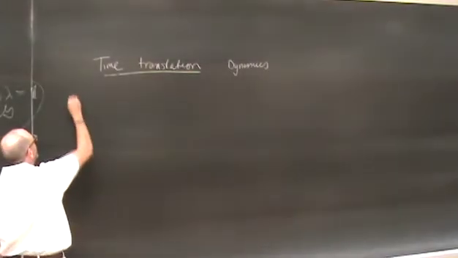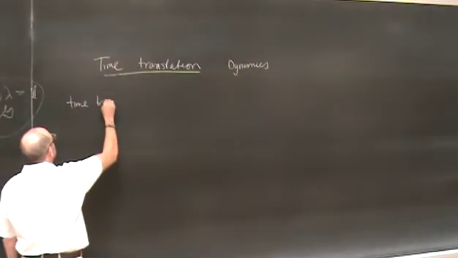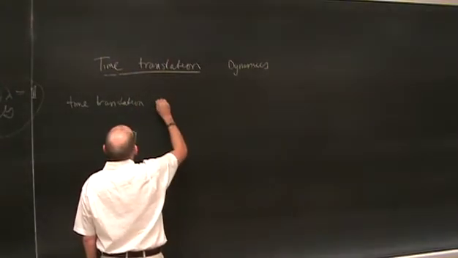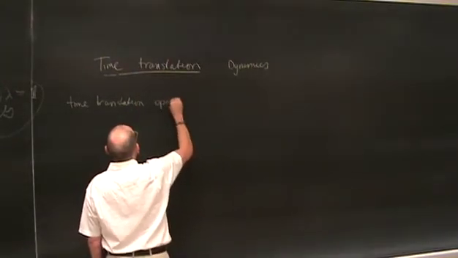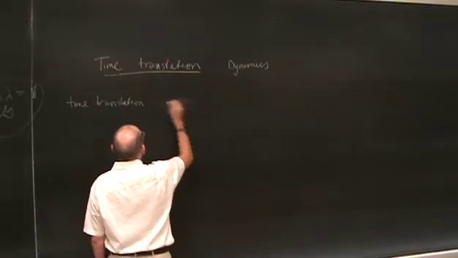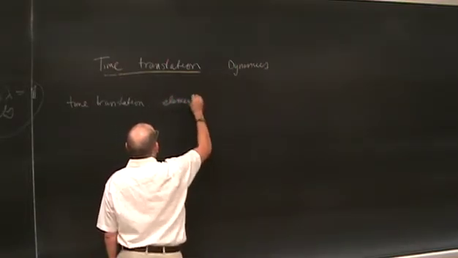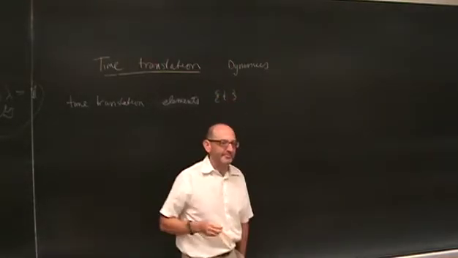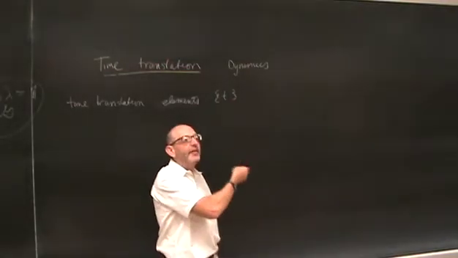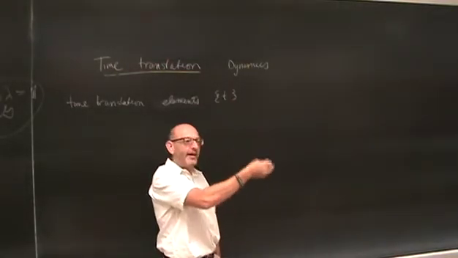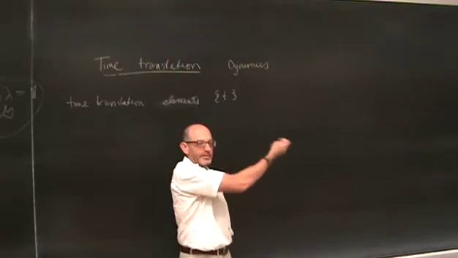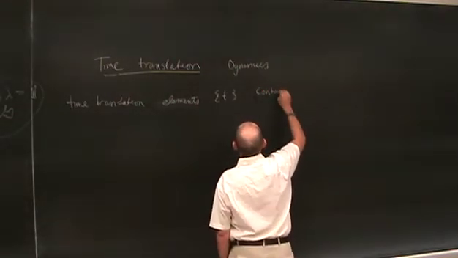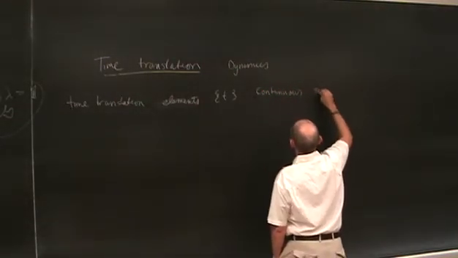I have time translation operations, or elements, and they are this set of all times, okay? So everything that translates by some amount of time is defined by the time at which I'm translating it. This set, of course, is a continuous set. It's the real line.